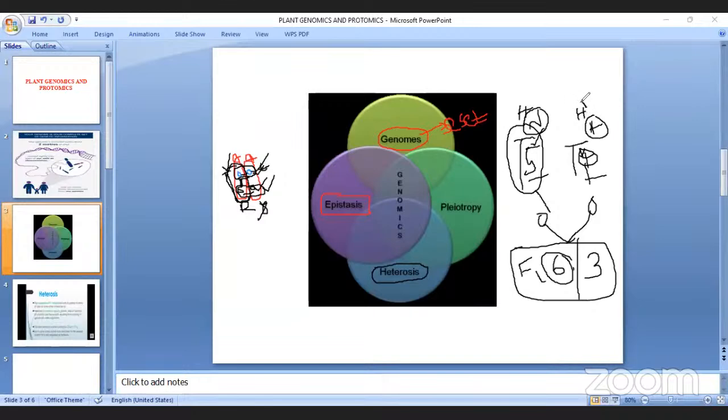For example, one parental plant produces only 100 fruits, but an offspring plant produces 200 to 300 fruits. So it is a superior character compared with the parental. That is called heterosis. Does it really happen? Yes, normally it happens.